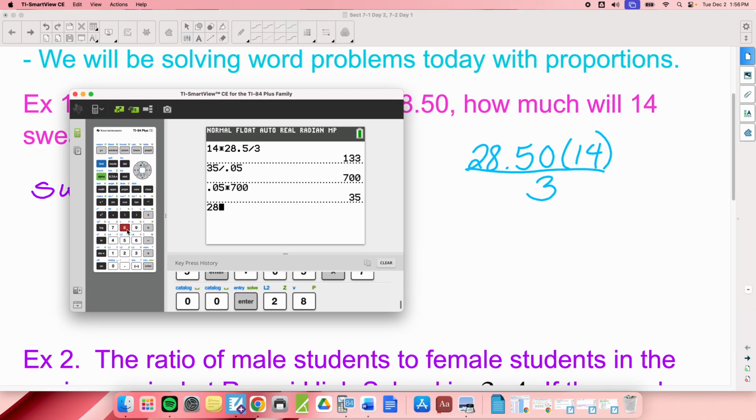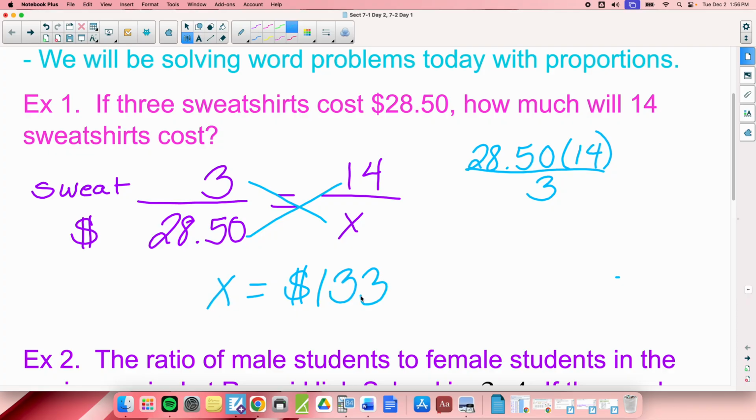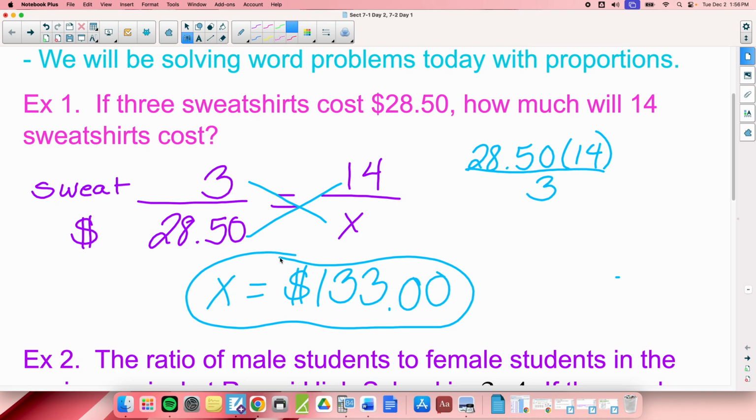So you'd go 28.50 times 14 divided by 3. And that is $133. Okay, normally it wouldn't come out to an exact dollar amount. It might have cents, so don't be surprised about that. For this one, you wouldn't have to do the 0.00, okay?